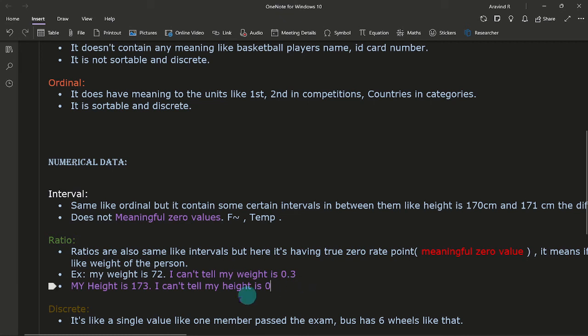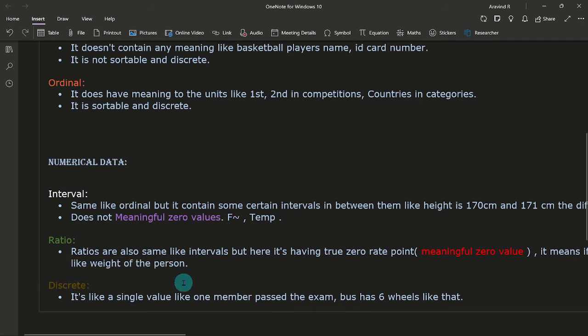How can you say your height is zero? Here in data types, if the zero value has some meaning, it means it is a ratio data type. If the zero value does not have any meaning, it means an interval data type, as well as discrete. Based on the property of the data column, you can consider whether it is interval, ratio, or discrete. Ratio has a meaningful zero value.